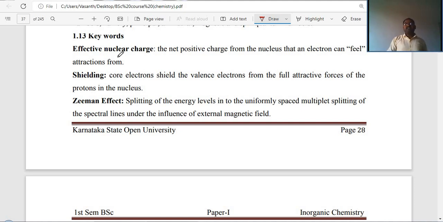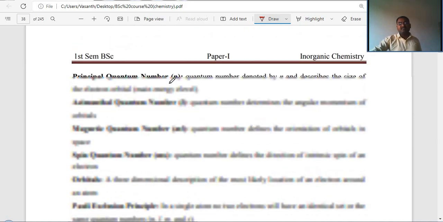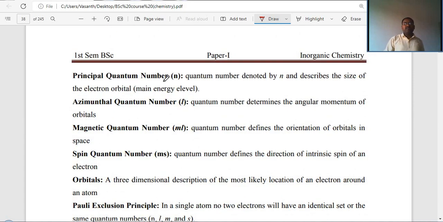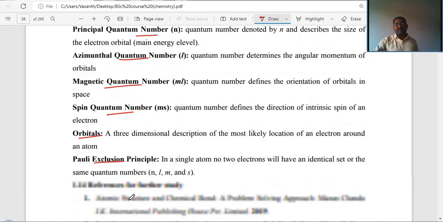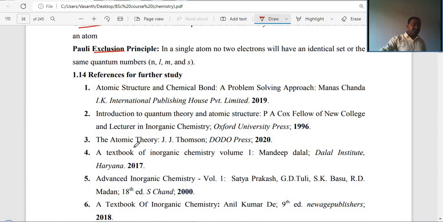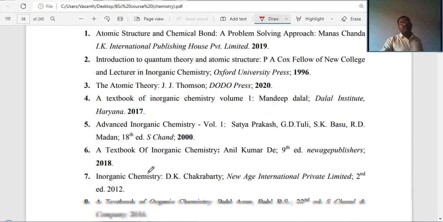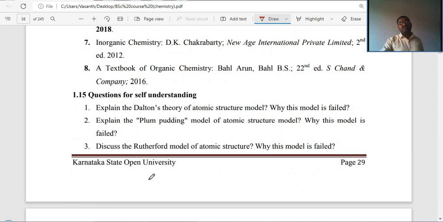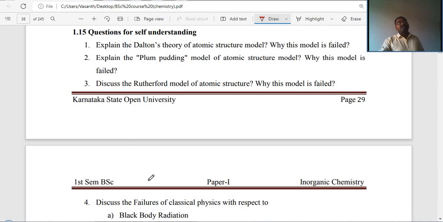Here they mention some keywords: effective nuclear charge, shielding, Zeeman effect, principal quantum number, azimuthal quantum number, magnetic quantum number, spin quantum number, orbital, Pauli's exclusion principle, etc. These are all references for study. These are self-understanding questions.